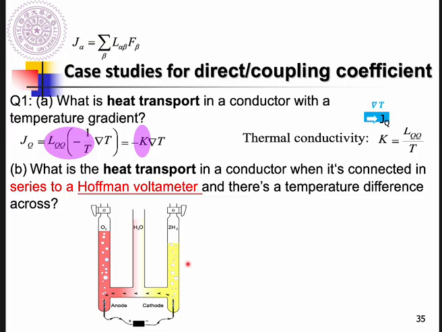People usually use this Hoffman voltameter to electrolyze water. Water is here, and we connect it with a power supply, so we electrolyze the water. This is a DC power supply. It applies across these two electrodes, and we produce oxygen at the anode and hydrogen at the cathode, which are collected.